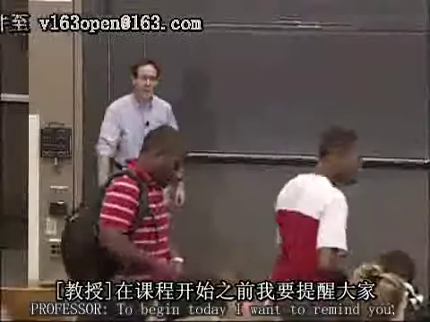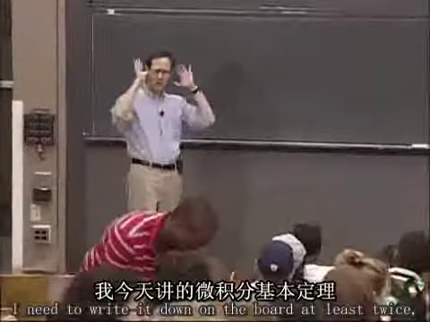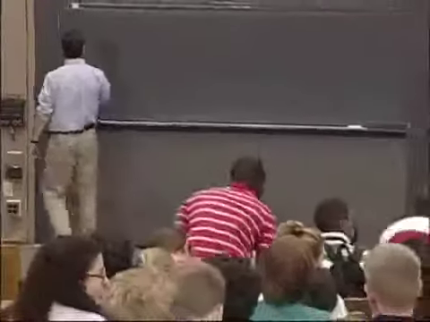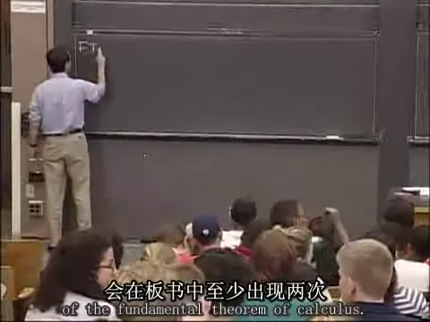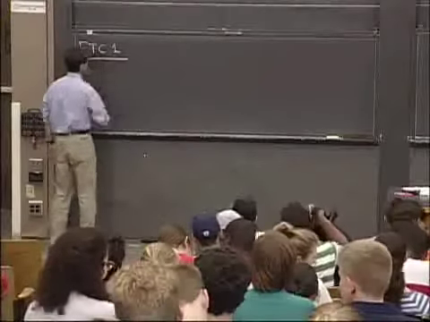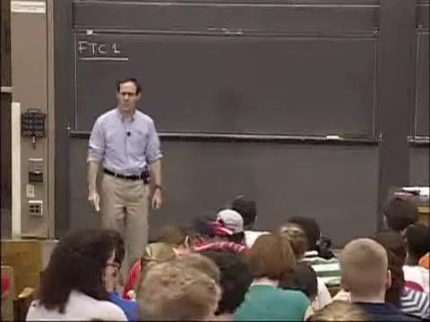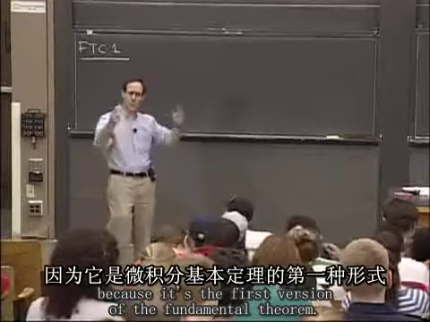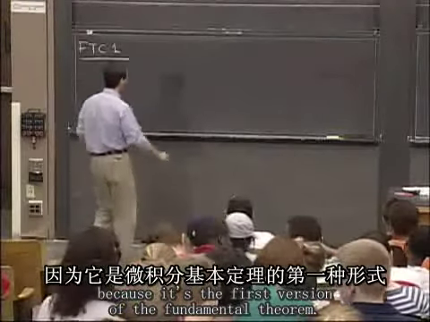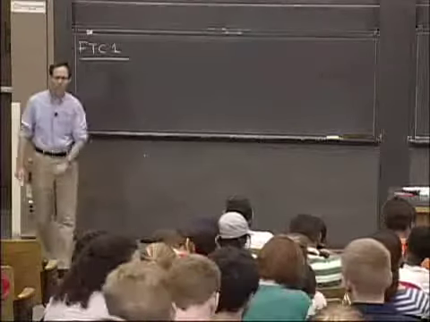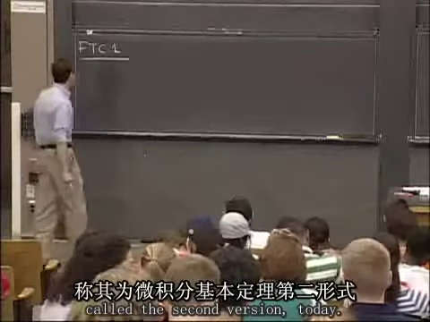To begin today, I want to remind you of the fundamental theorem of calculus. We called it FTC1 because it's the first version of the fundamental theorem. We'll be talking about another version called the second version today.